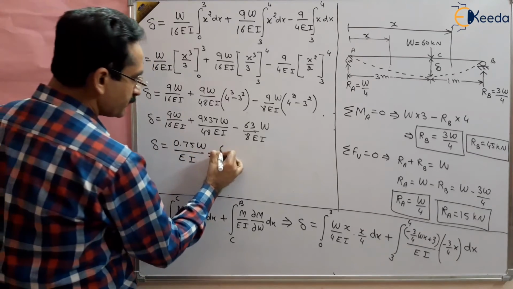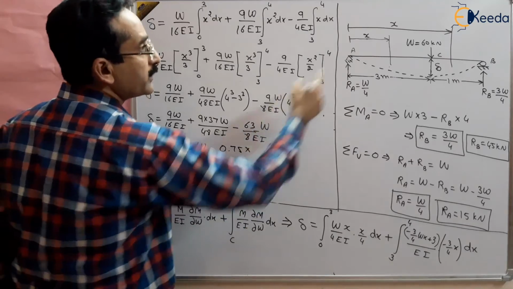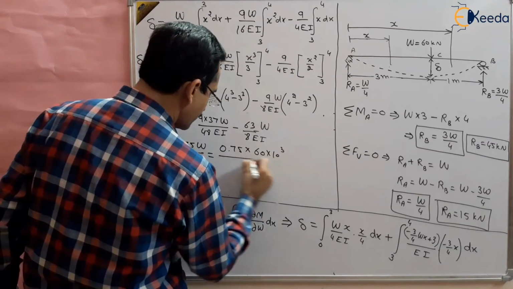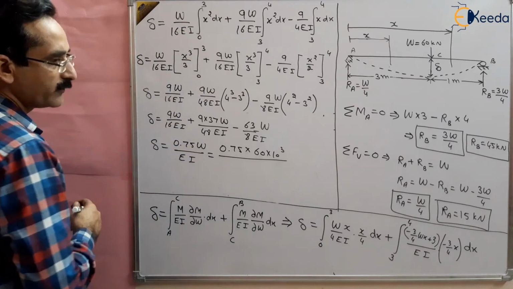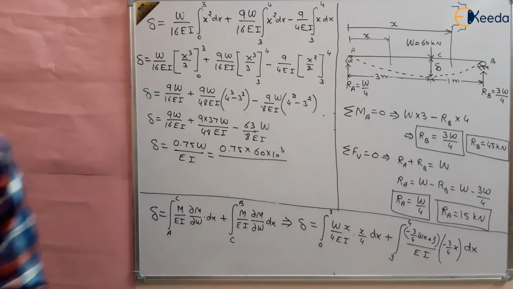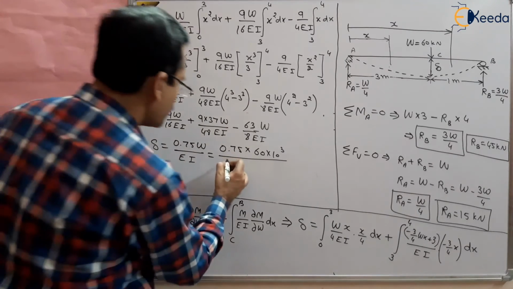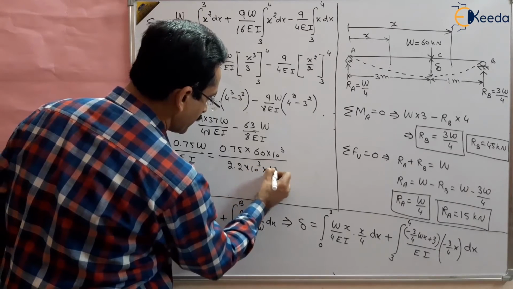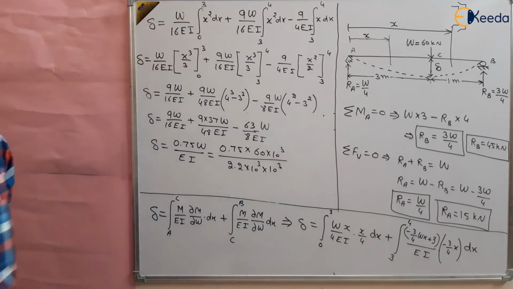W is known to us. What is W? That is 60 kilonewton, divided by E. The value of E is given to us. What is the modulus of elasticity? That is given to us, 2.2 multiplied by 1000 multiplied by 10 power 3. This much EI is given.